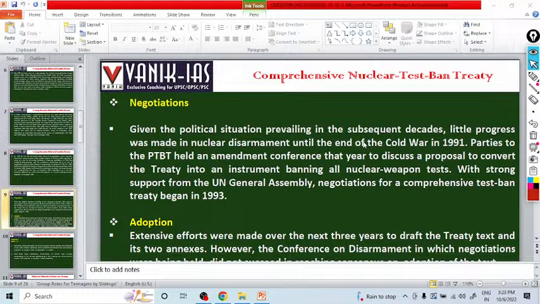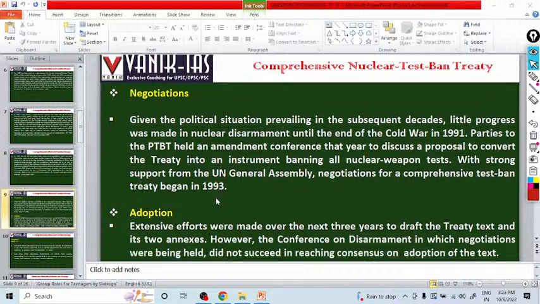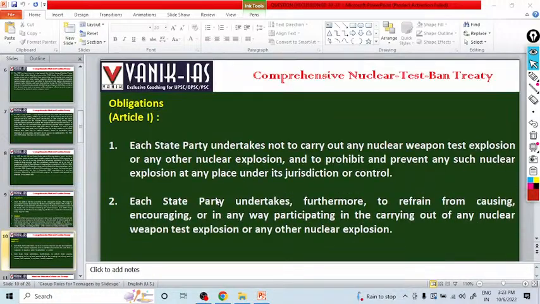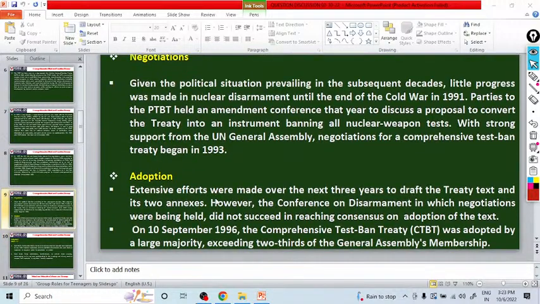Parties to the PTBT held an amendment conference that year to discuss a proposal to convert the treaty into an instrument banning all nuclear weapon tests. With strong support from the UN General Assembly, negotiations for a comprehensive test ban treaty began in 1993. Then the adoption. Extensive efforts were made over the next 3 years to draft the treaty text and two annexes.